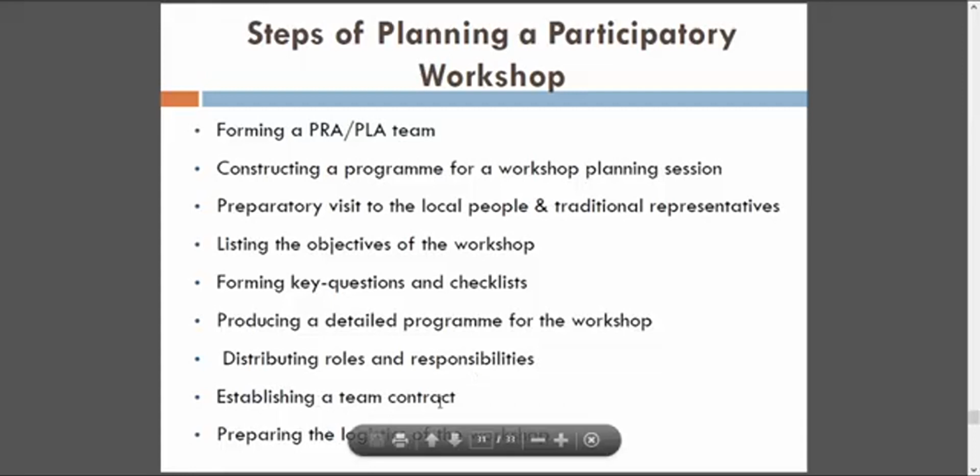Then establish team contracts so that the team know what they are going to do, know what they are supposed to do, and then you also agree on the facilitation of the team. And then finally, you prepare logistics for the workshop, because you're not going to keep people in a workshop for the whole day without even a bottle of water.